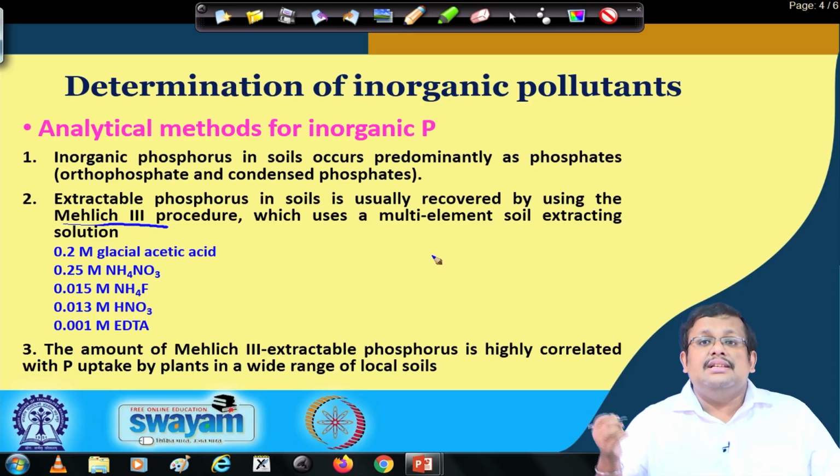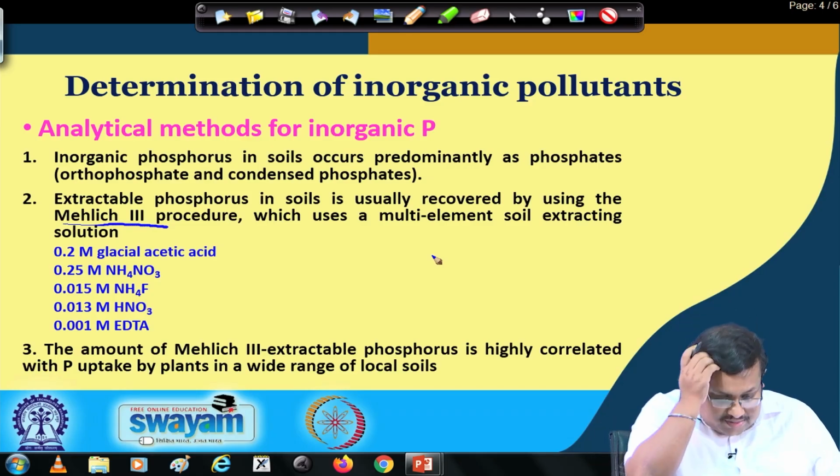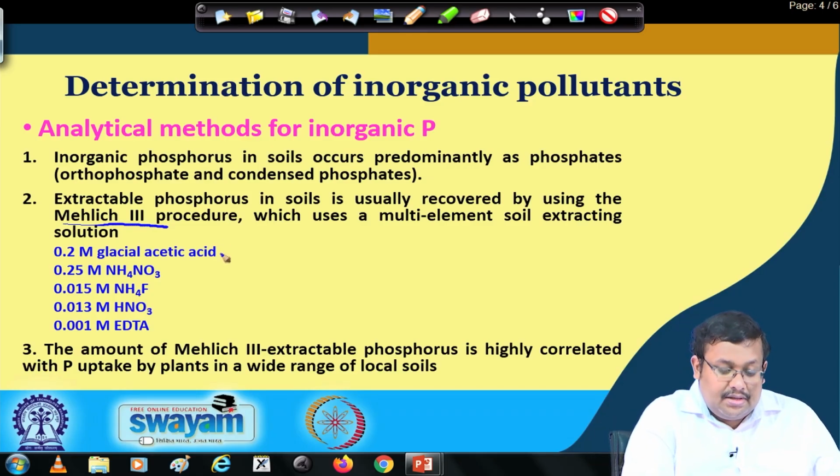Now, this Mehlich 3 soil extractant is composed of these components. It has 0.2 molar glacial acetic acid, 0.25 molar ammonium nitrate, 0.015 molar ammonium fluoride, 0.013 molar nitric acid and 0.001 molar EDTA or ethylene diamine tetraacetic acid, which is a chelating agent.